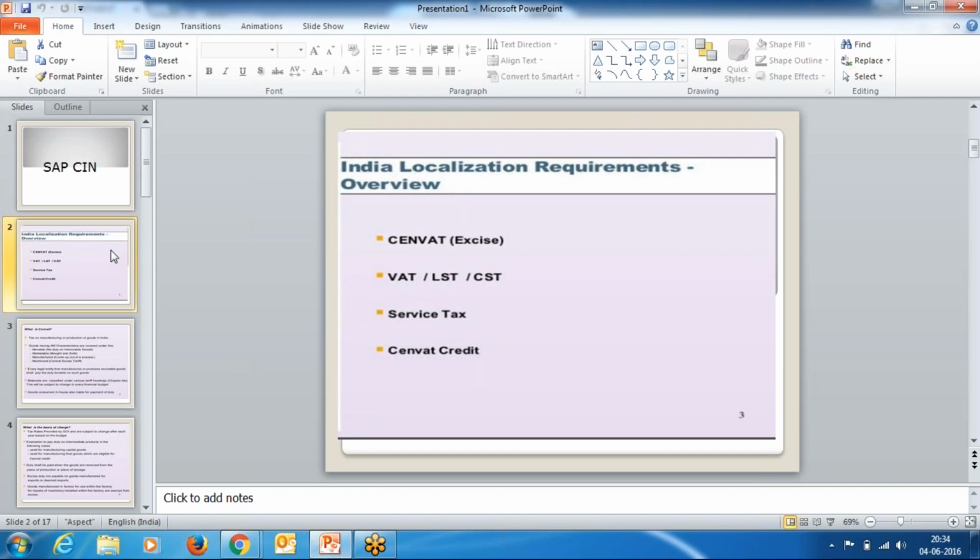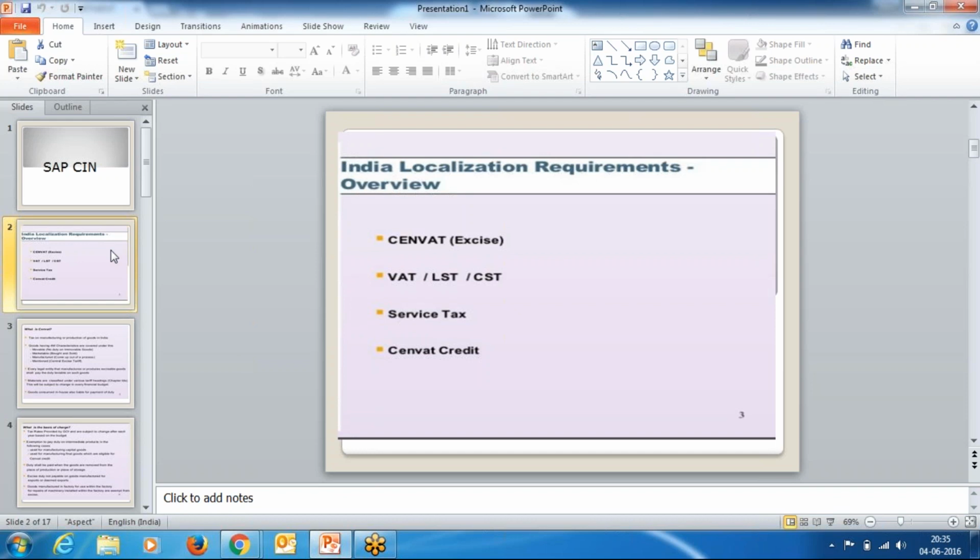I have implemented around 5 to 6 implementations and a couple of support projects. So where are you located? I'm in Bangalore. Okay, fine. You are from? I'm in Ahmedabad. Okay.